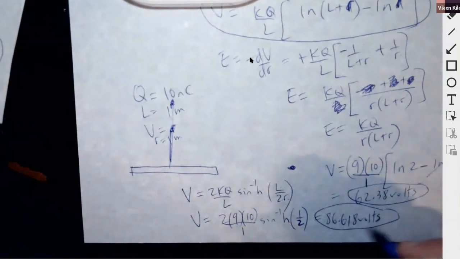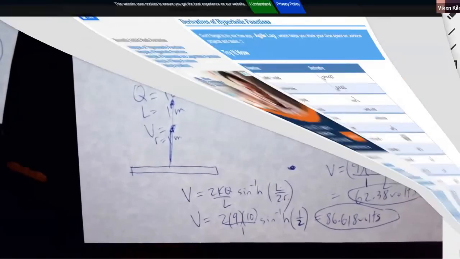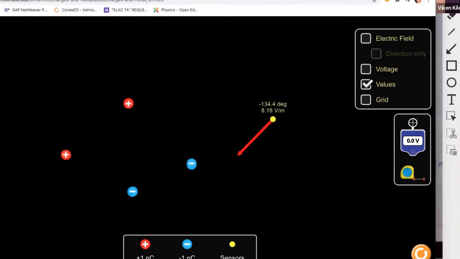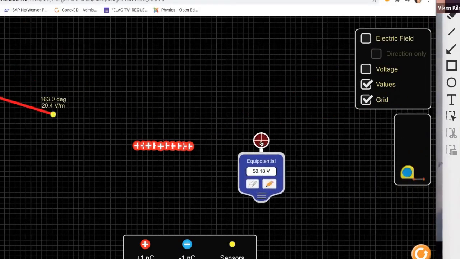So let's check these two answers. So it's a 10 nanocoulomb charge. Where is my trustworthy simulation? So we're checking voltage here. So 1 meter away.